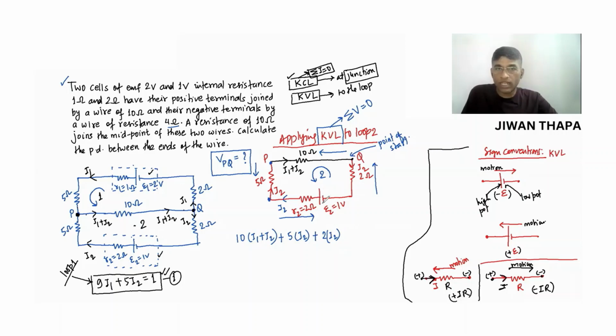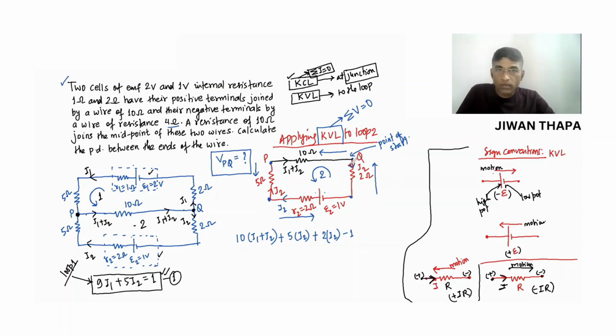Now for the cell having EMF E2, we are moving from positive to negative, so the EMF is taken as negative. We have E2 negative. For this part of the loop, we are moving opposite to I2.